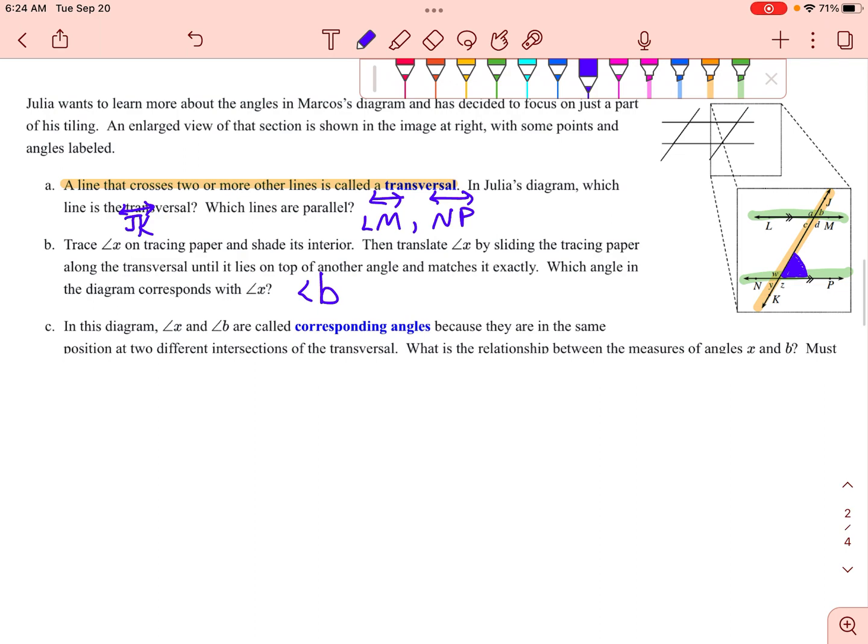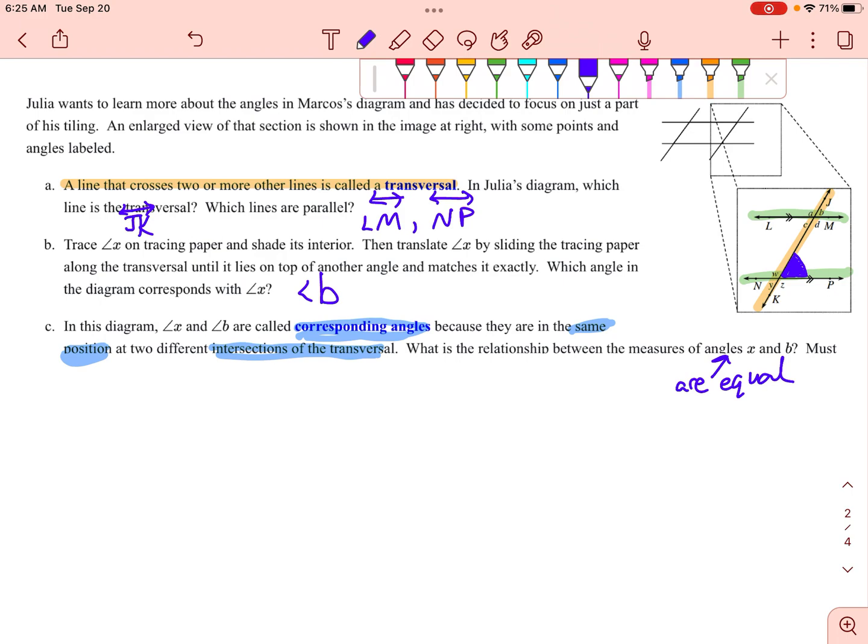In this diagram, angle X and angle B are called corresponding angles because they are in the same position at two different intersections of the transversal. What's the relationship between the measure of angle X and angle B? So those angles are equal.